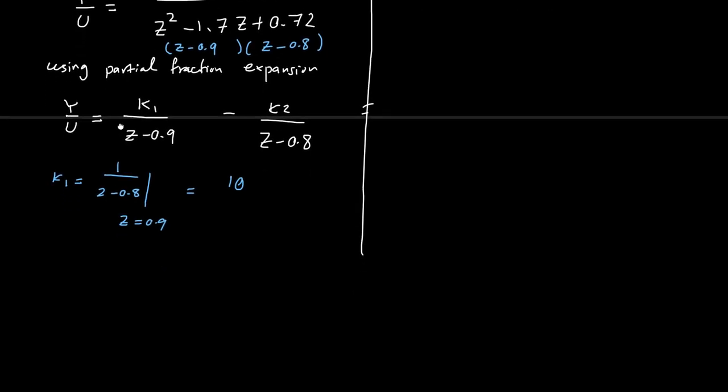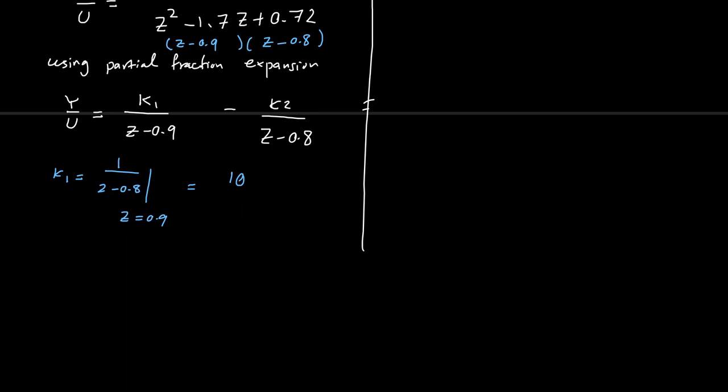The same thing here, we can find k2, which will equal 1 over z minus 0.9 evaluated at z equal to 0.8, and this will equal minus 10.